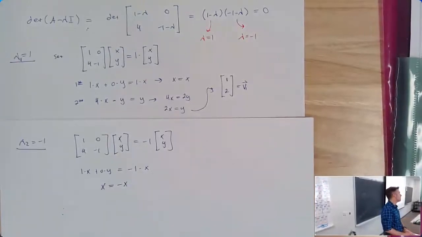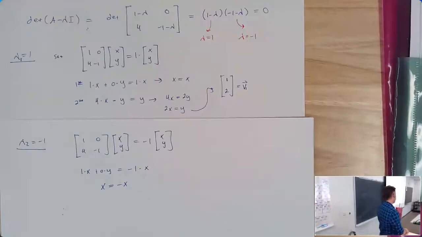When is it true? What does x have to be for x to equal -x? I'll give you a hint, there's only one answer. Let's see, does 1 work? Does 1 equal -1? No, it doesn't.